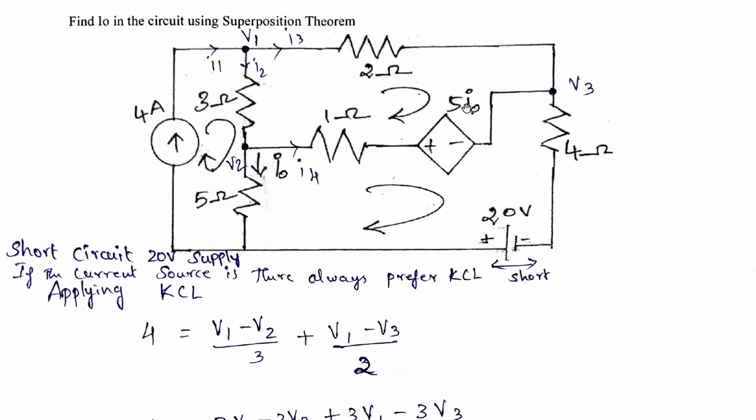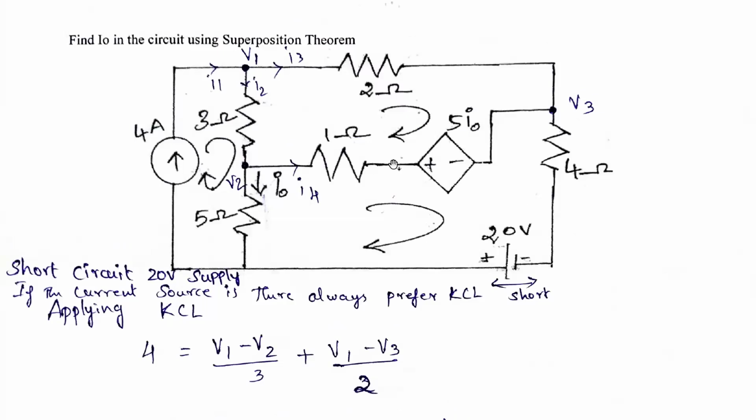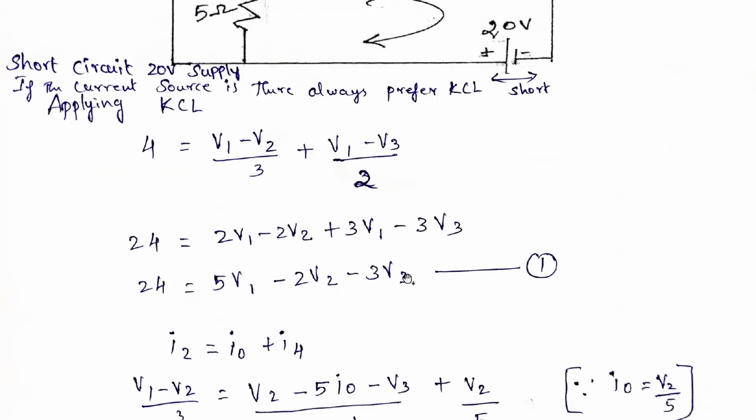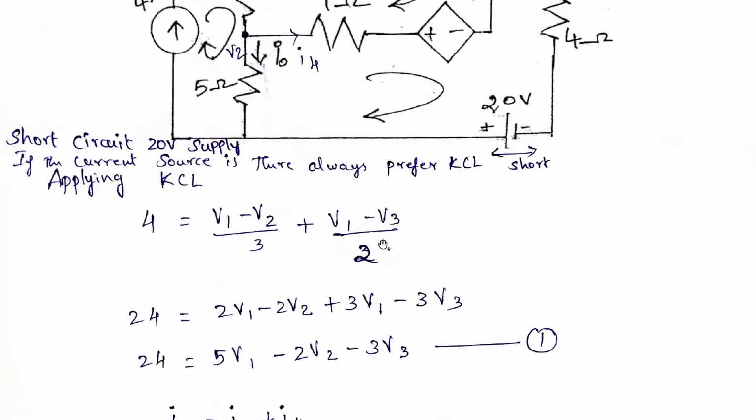As it is, we are not disturbing the dependent sources. So we take current flowing in this direction as V2 minus 5 I naught minus V3 divided by 1 ohm.